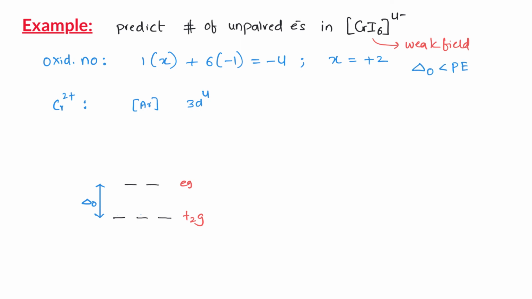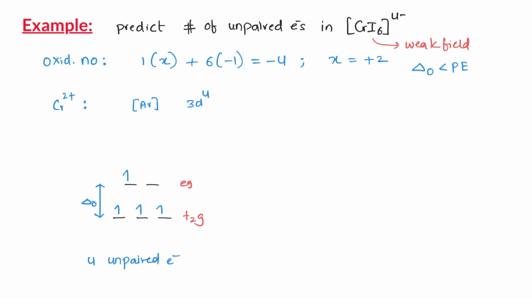In this case, the first 3 electrons go into the t2g orbitals. For the 4th electron, it costs less energy to place it in the eg orbital than to place it in the t2g orbital. Therefore, the electron goes into the eg orbitals. The complex has 4 unpaired electrons.